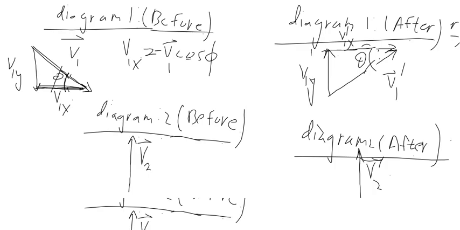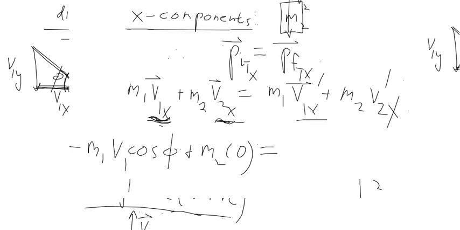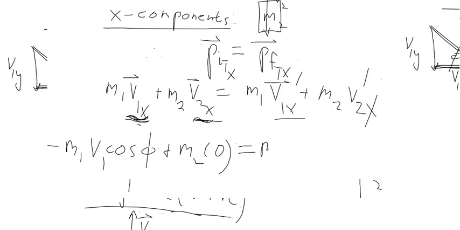Based off the drawings, we can substitute the correct corresponding component equations into our conservation of momentum equation for the x components, which we're doing, and then we'll do the y after. We've already substituted v1x and v2x, so let's do v1 prime x. Look at diagram 1 after.